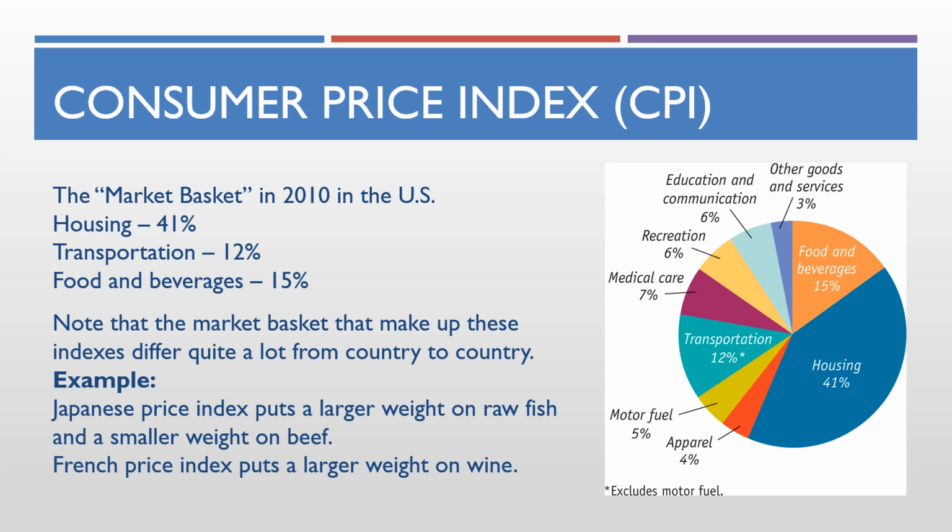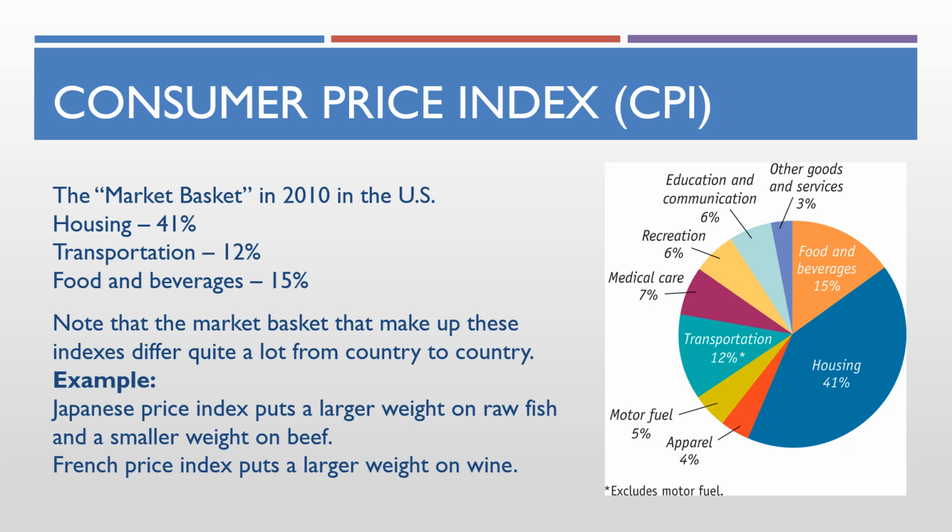For example, the weight put on specific categories of items could be different across countries. In the United States, we might put a higher weight on consumption of meats, because we consume a lot of meat, and also dairy products.